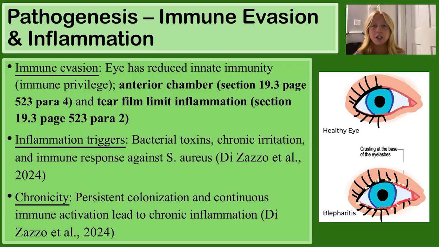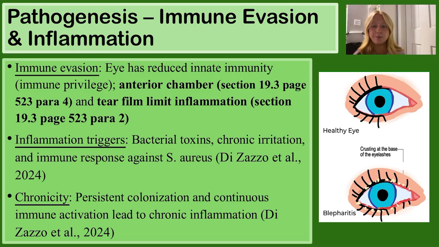So once the bacteria are established, the eye's immune environment plays a big role. The eye is considered an immune privileged site, meaning it naturally limits inflammation to prevent vision impairment. So inflammation is less robust than anywhere else in the body, allowing bacteria to persist. Despite this, the immune system will still respond, and bacterial toxins, mechanical irritation, and immune reaction against S. aureus will trigger chronic inflammation.